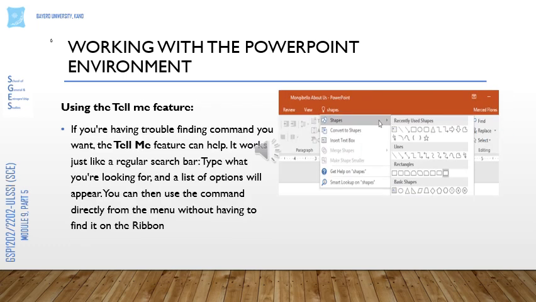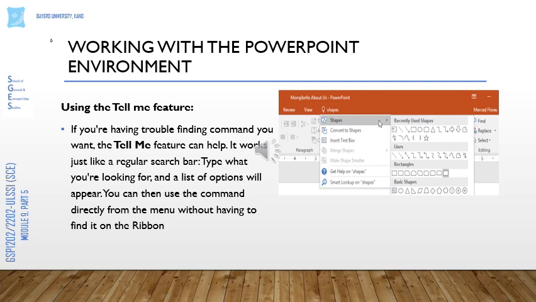PowerPoint also has what is called the Tell Me feature. This is where you tell PowerPoint what you can't do, or are not able to access, or want it to do for you. For example, if you type shapes or insert shapes, it will show you the different kinds of shapes, and when you click on any one of them, it will display on your slide.